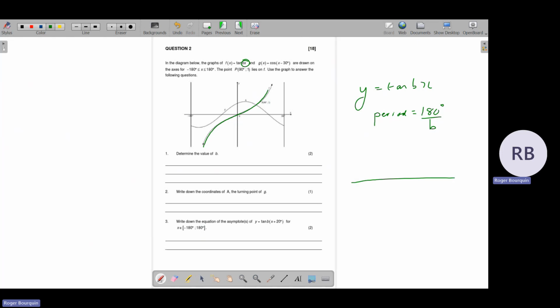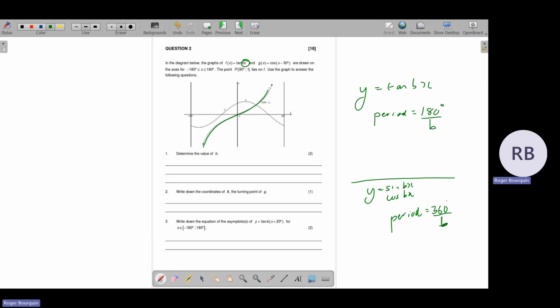For sine and cos, what did we say? If we had a sine or cos graph, y equals sin bx or cos bx, normally we say the period is equal to 360 divided by b. Okay, right. 360 divided by b, right?